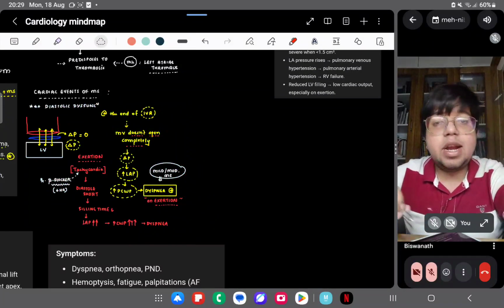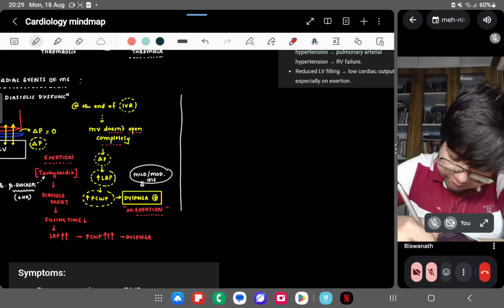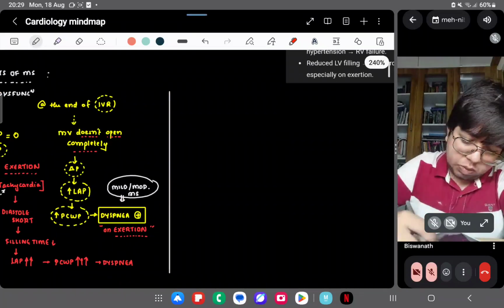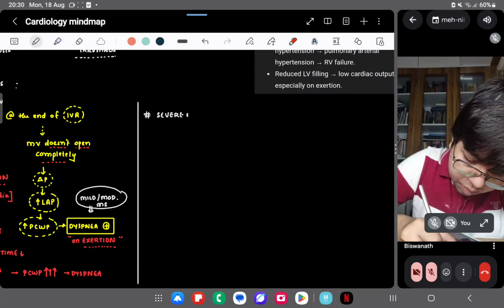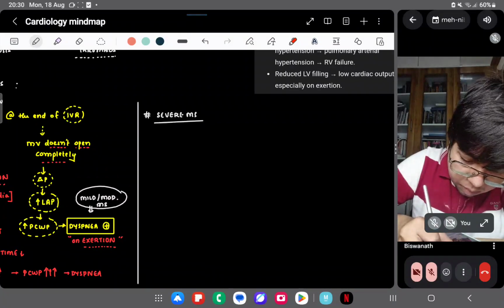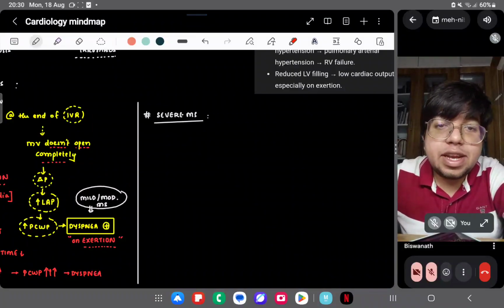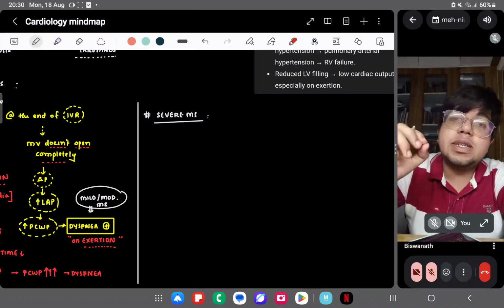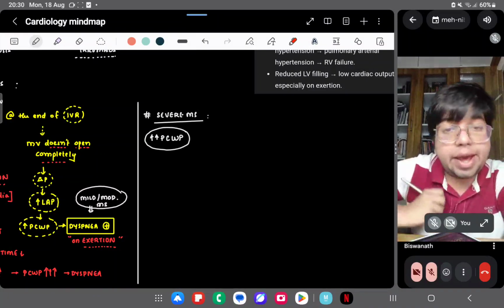So this we talked about when the patient has mild or moderate MS. Now let's talk about when the patient has severe MS. Patient has severe MS. That means that the PCWP, the pulmonary capillary wedge pressure, is very very high.